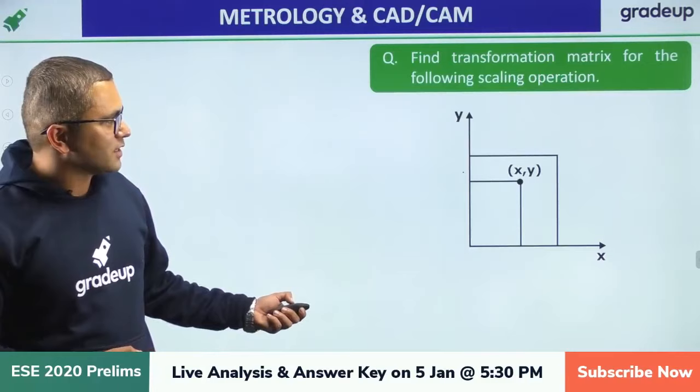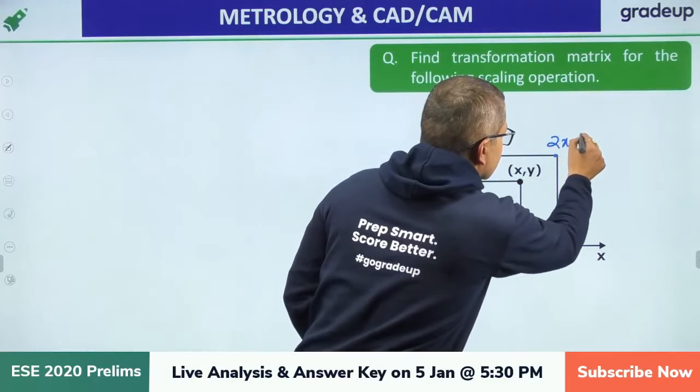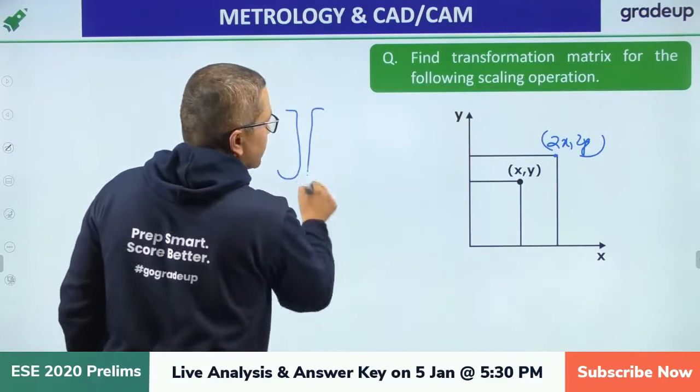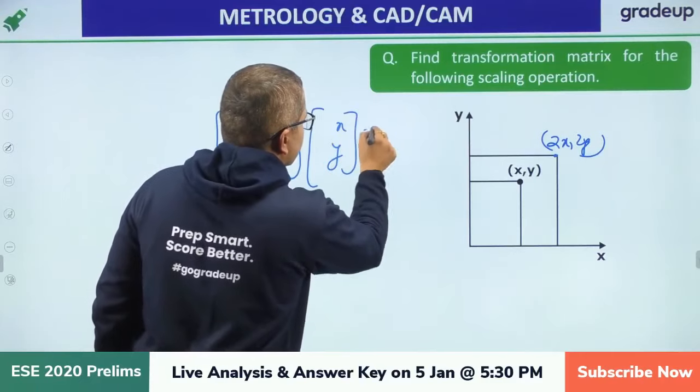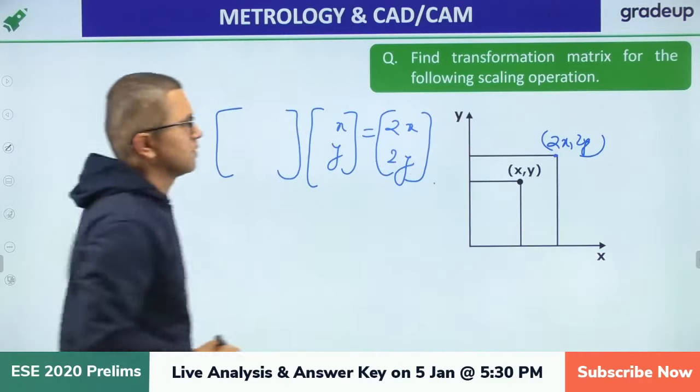For the following scaling operation, let's say this is xy and this is 2x comma 2y. Can you find a matrix that, when you multiply it with xy, gives you 2x 2y?